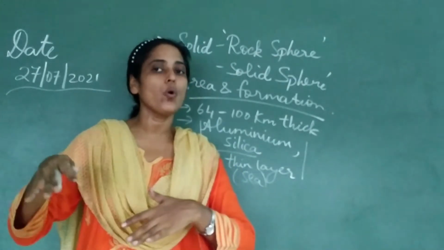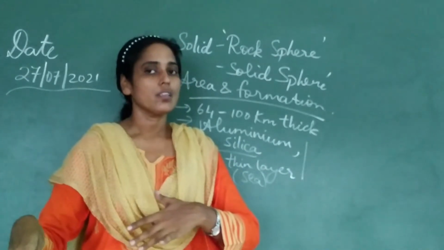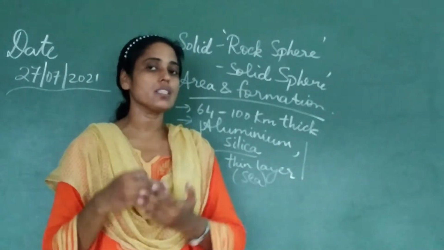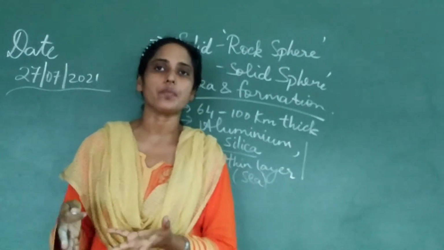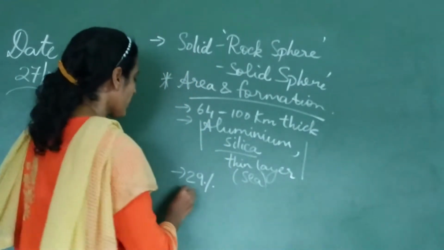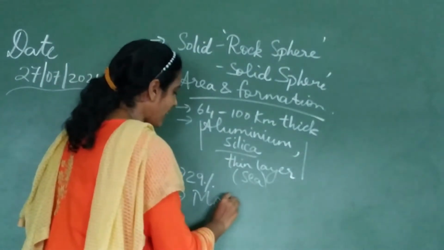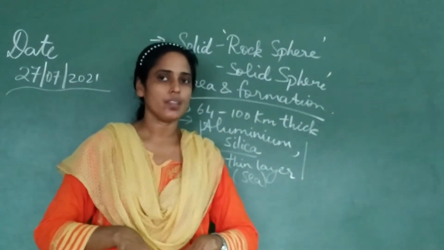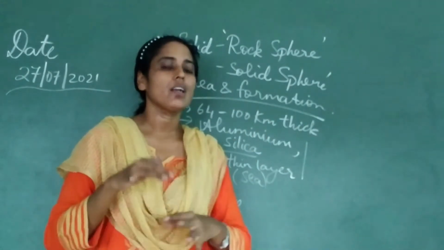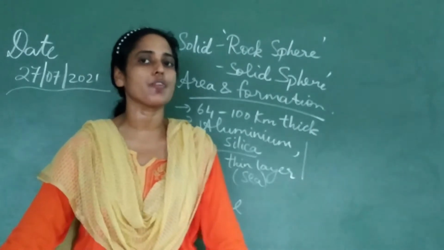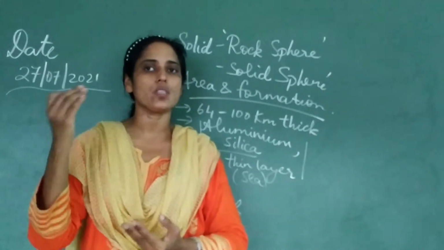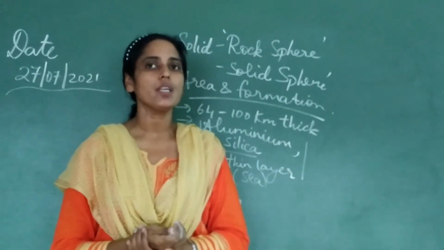For example, the miners who go into the crust of the earth to dig out minerals are going deep into the earth's surface, an area where the temperature is very high. So deep inside the lithosphere, the temperature is more than on the surface of the land. Whatever temperature we are experiencing now will be very less compared to the temperature inside the earth. So inside the lithosphere, the temperature is more than on the outer surface.